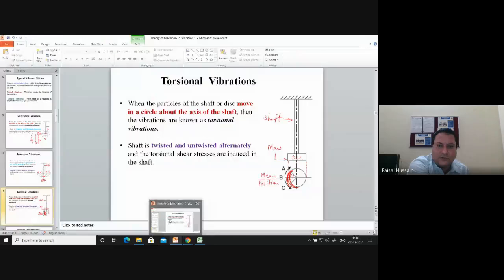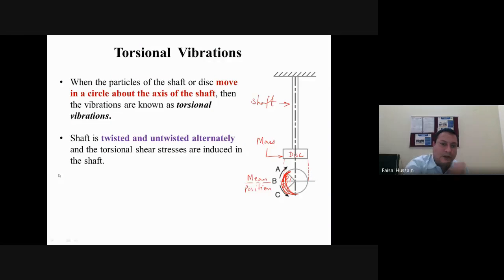Here, we were dealing with the torsional vibration. In torsional vibration, there will be twisting. For example, let us assume that this is your rotor, in this direction.